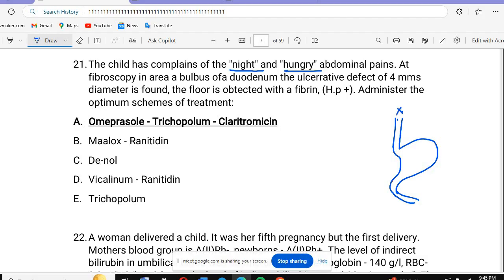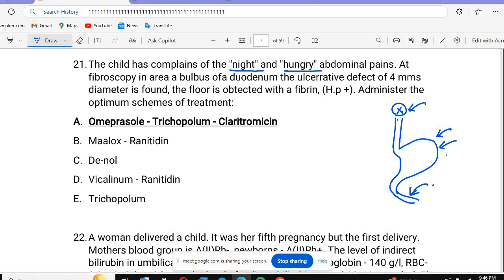But if I'm not eating, it means the food has moved into the duodenum, so I will have the pain due to the duodenum. If I eat something and then have pain, that means the pain is due to gastric movement, so this is a gastric ulcer, and the other we call a duodenal ulcer.